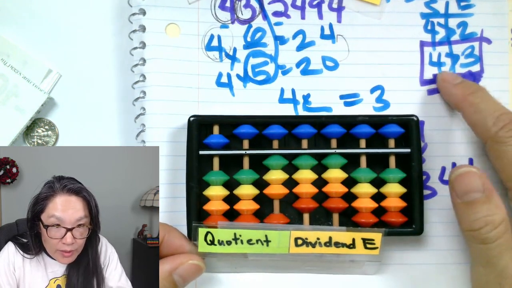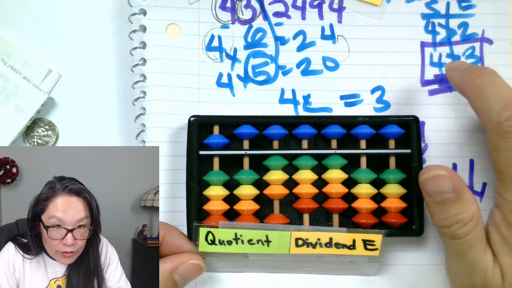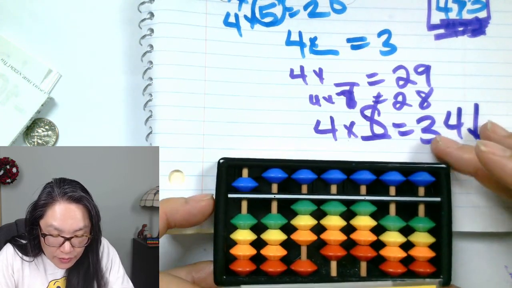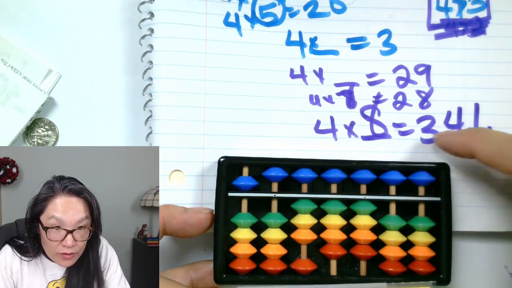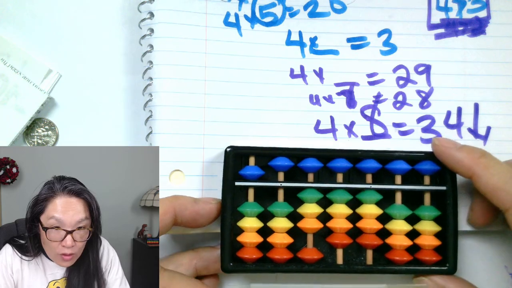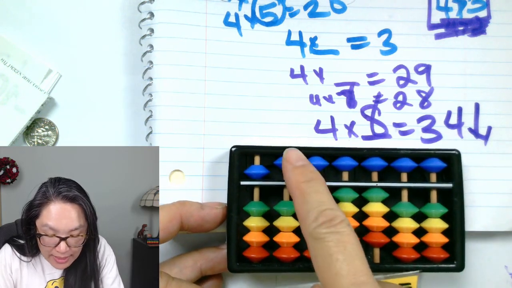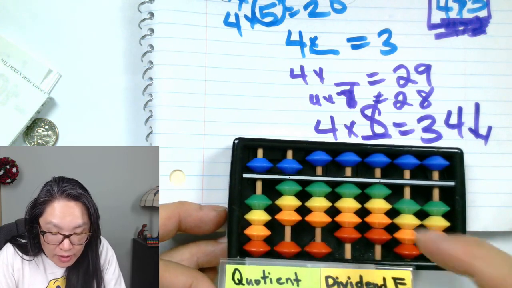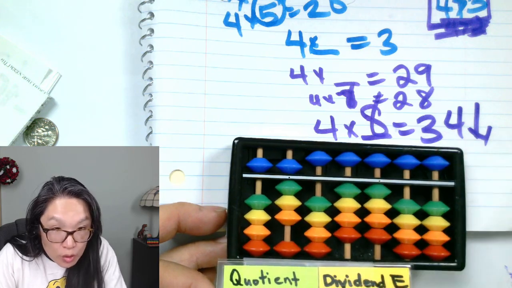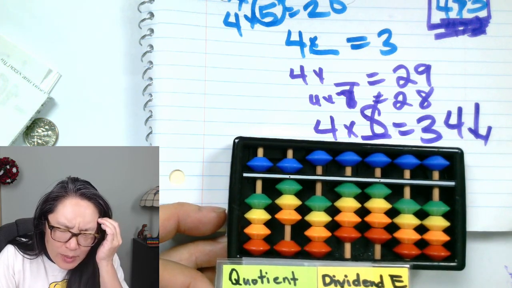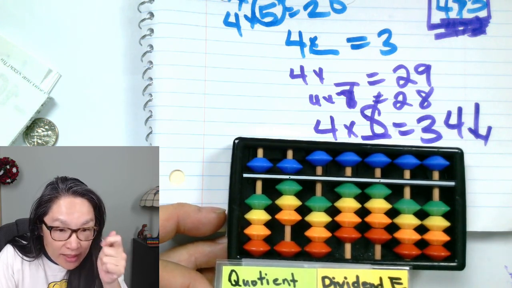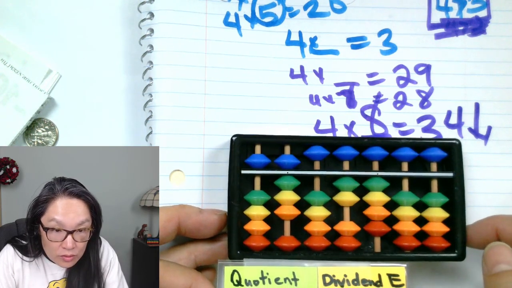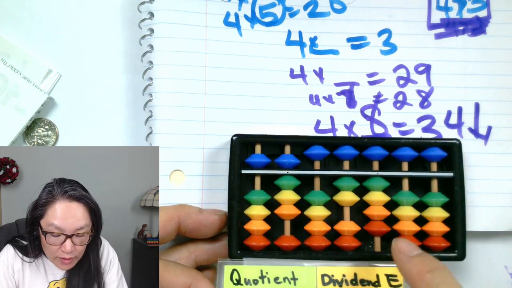I compare 3 or 4. 4 is bigger, so 4 times what is equal to 34 or less? 4 times 8. 8 is my quotient. Take away 30. Take away 2, because 8 times 4 is 32. That's why I take away 2. So I'm left with 2 and a 4.